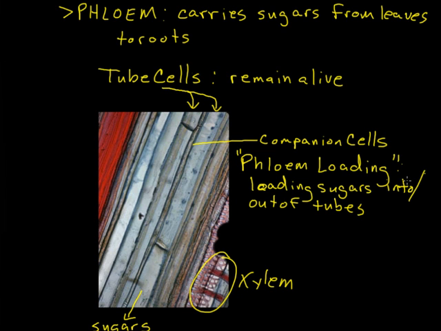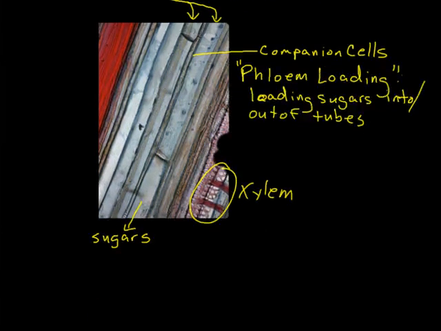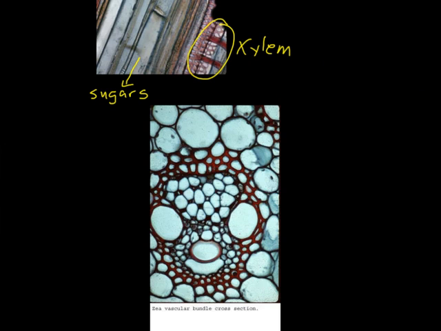And phloem and xylem are always found together. They refer to these bunches of xylem and phloem as vascular tissue. And if we look at a photograph of some actual vascular tissue, this is what it would look like. This is a cross section of a stem of a corn plant looked at under a microscope. And we can see this is a vascular bundle, and they often form these little faces.